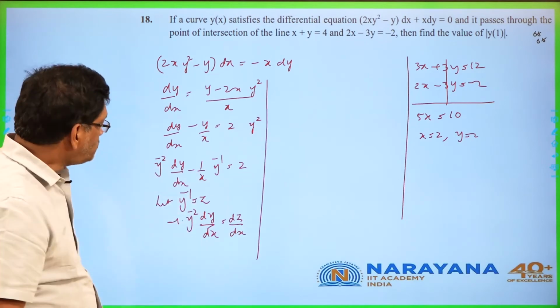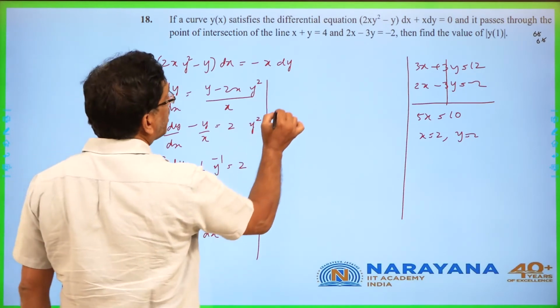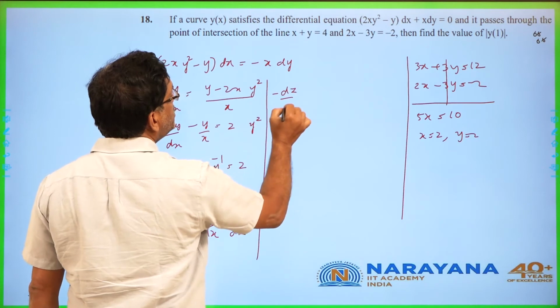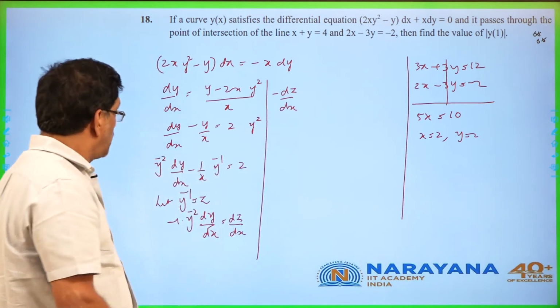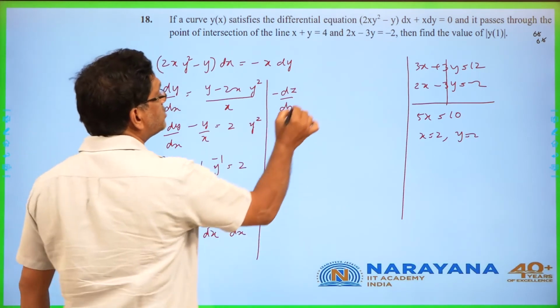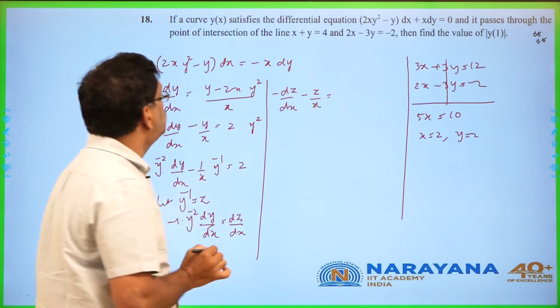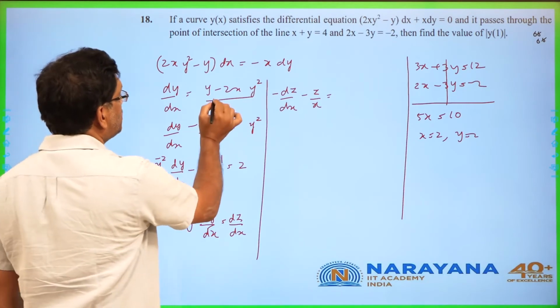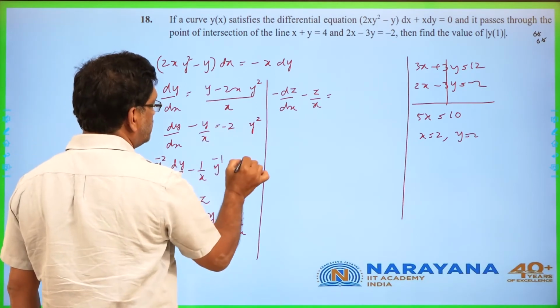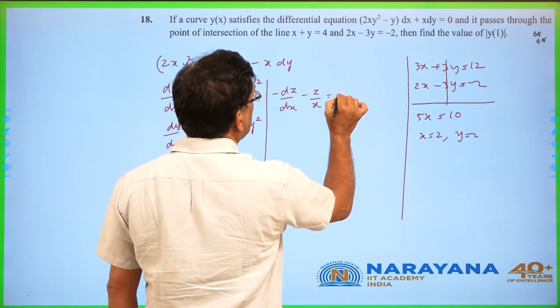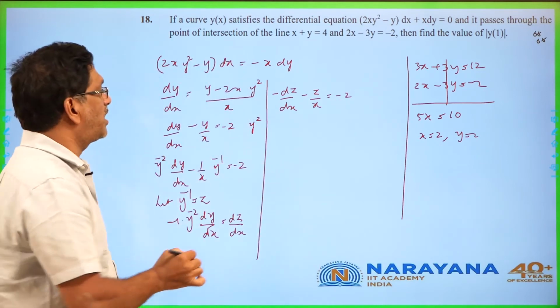Clear? Now see, this you can write minus dz by dx. Already I have taken this one as so and so. Minus z by x is equal to, here observe, I am bringing this side, this one, it is minus 2. This is what we are having.